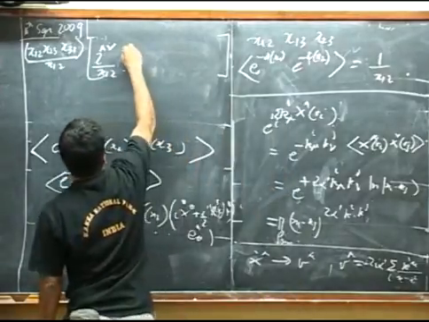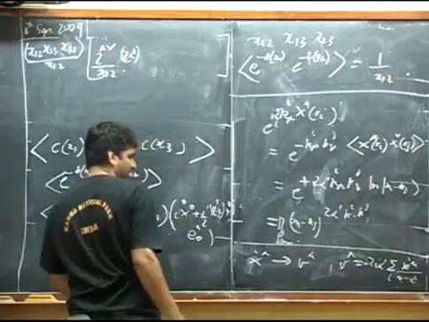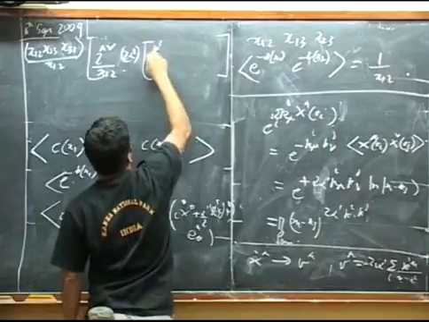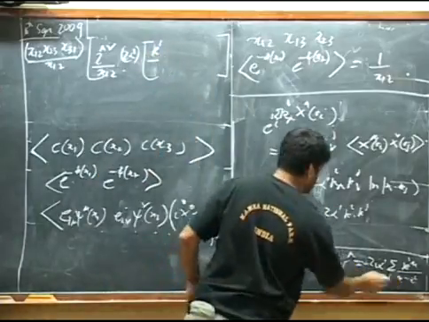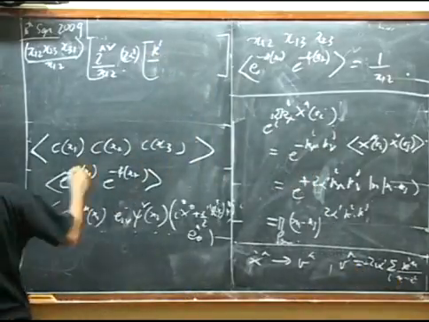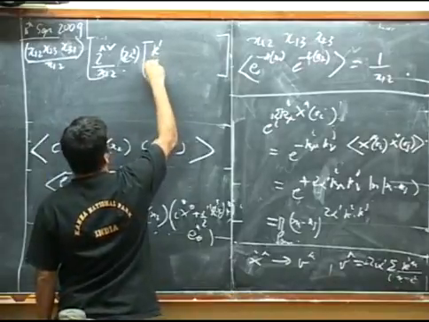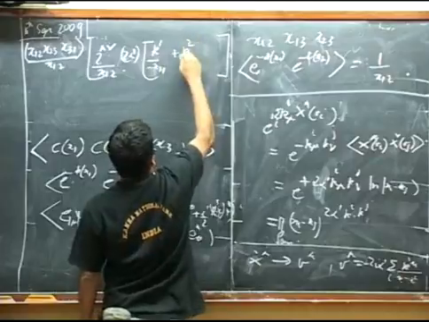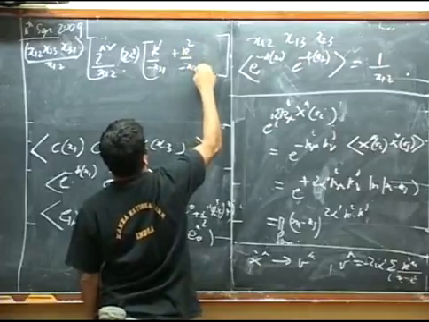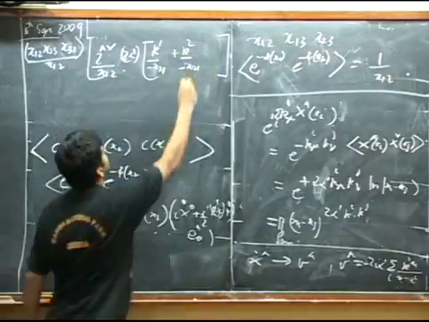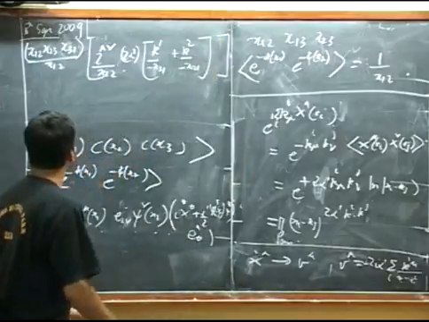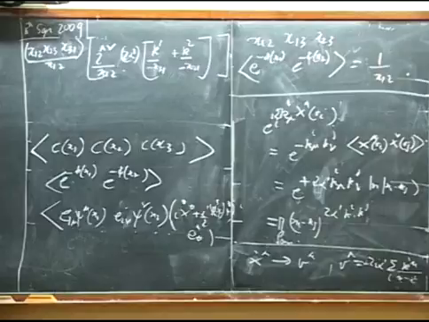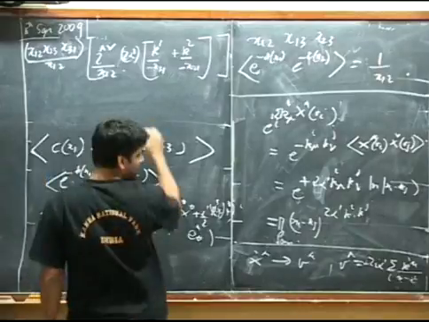So that's times 2 alpha prime times k1 over minus x31 plus k2 over minus x2. No, plus.